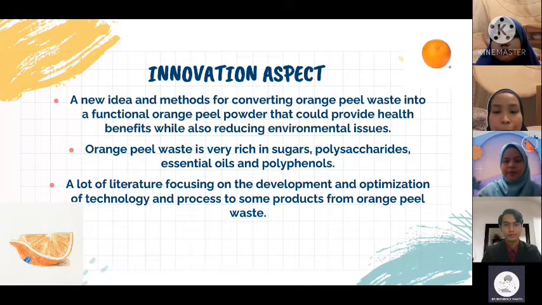Innovation aspect: a new idea and method for converting orange peel waste into a functional orange peel powder that could provide health benefits while also reducing environmental issues. Second, orange peel waste is very rich in sugar, polysaccharide, essential oil and polyphenol. A lot of literature focuses on the development and optimization of technology and process to obtain products from orange peel waste.